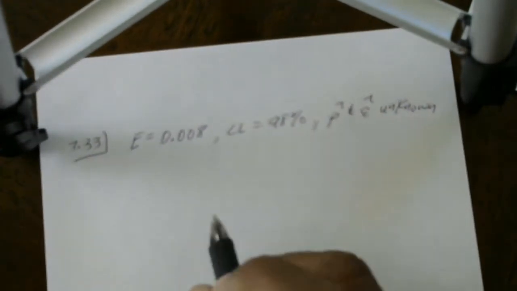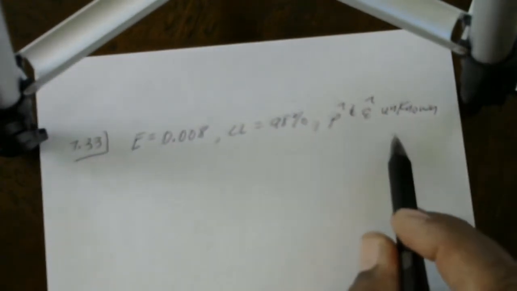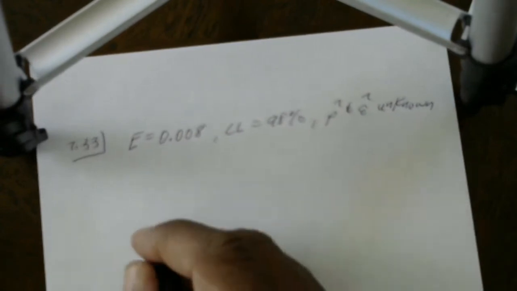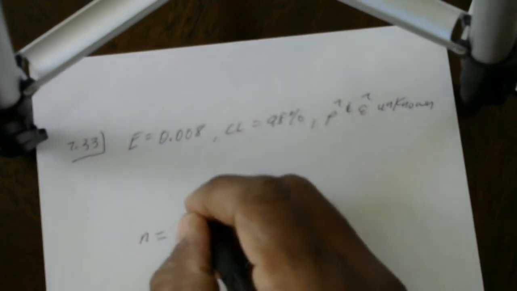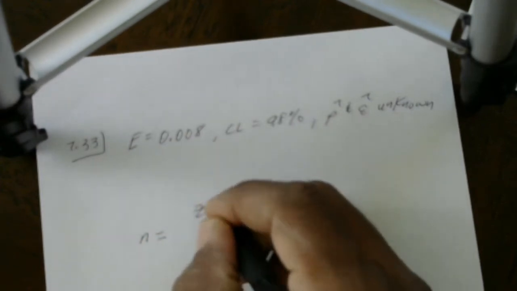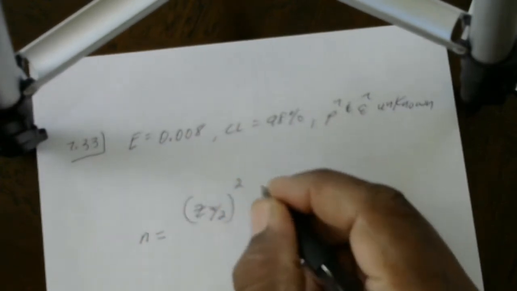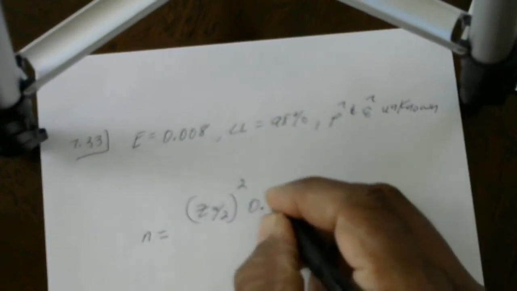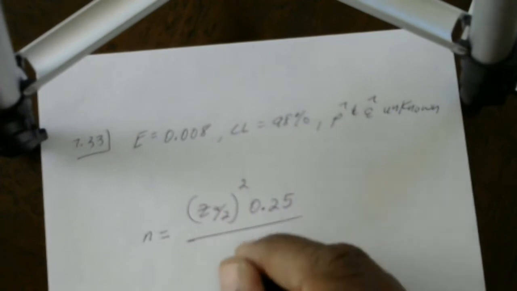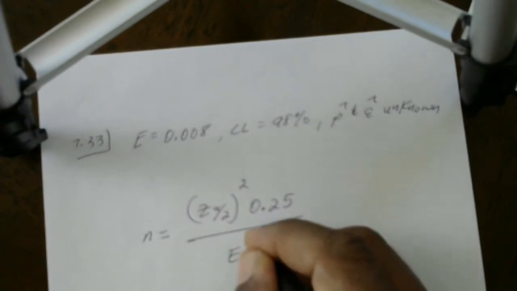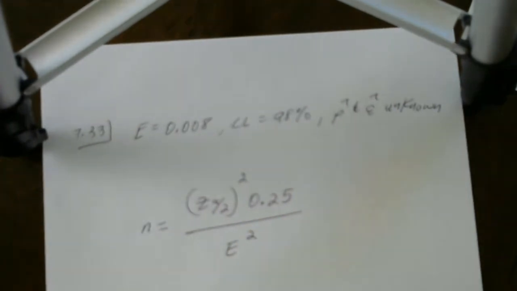So we have our formula. If P hat and Q hat are unknown, we're going to use a formula: N is equal to Z alpha over 2 squared times 0.25 divided by the margin of error squared.